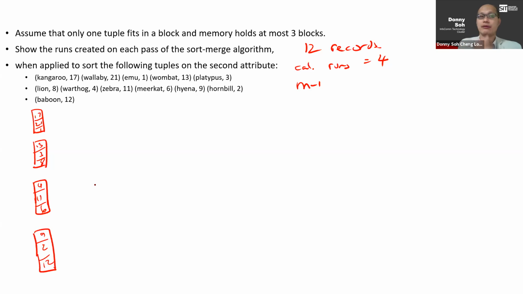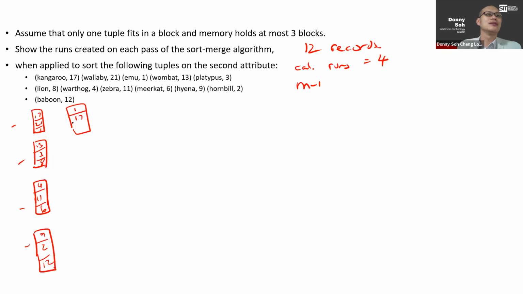In this scenario, I will be combining these two and then these two. Oh, sorry, when I do my sort, merge, divide, I forgot to sort them first. So I need to sort them.